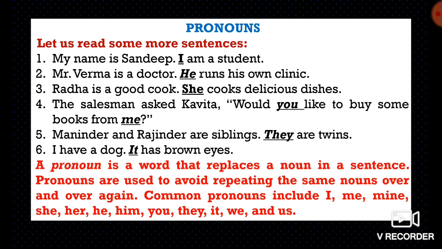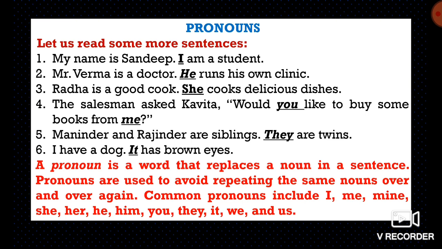She cooks delicious dishes. Fourth, the salesman asked Kavita, "Would you like to buy some books from me?" Fifth, Maninder and Rajinder are siblings. They are twins. And sixth is, I have a dog.